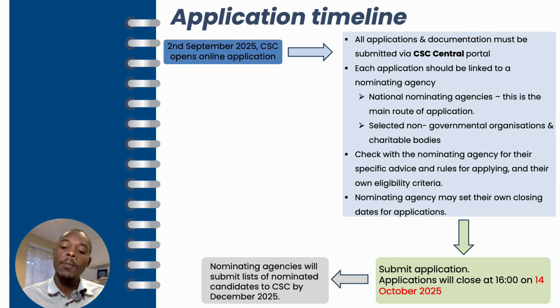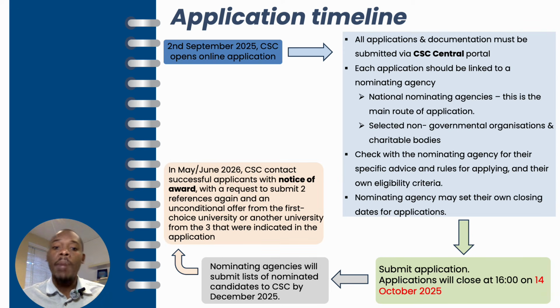And once that is done, the Commonwealth Scholarship Commission will also use the criteria that they've set to sieve through the list that they've received from the different nominators, and by May to June they'll start communicating with those that have been nominated with what we call a notice of award, for them to either accept the scholarship or not to accept the scholarship.